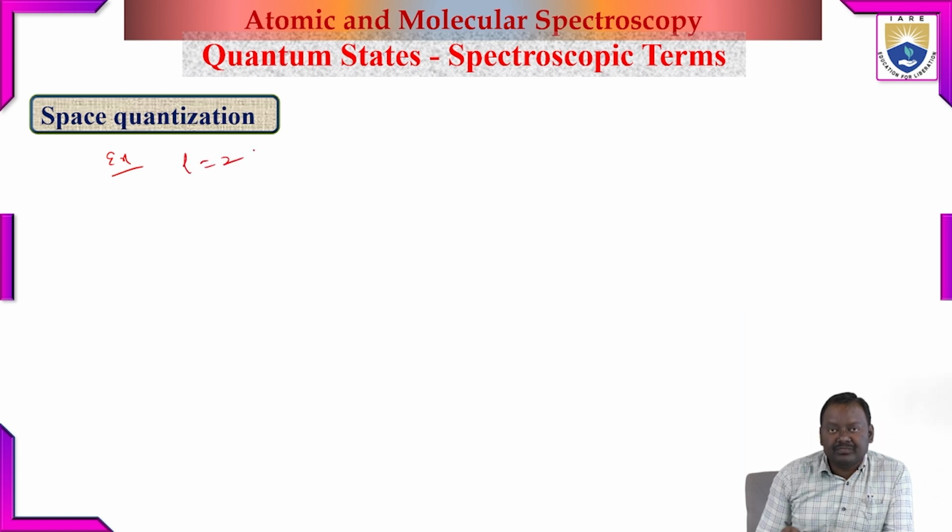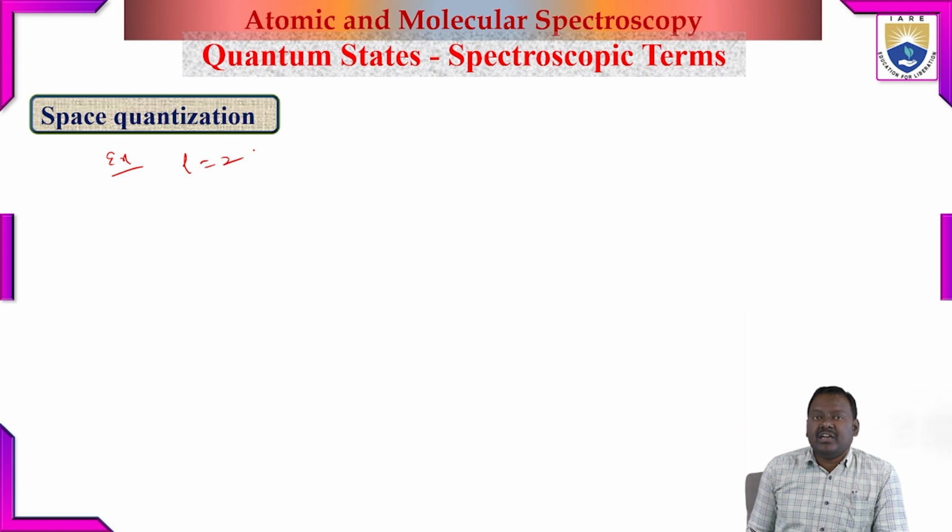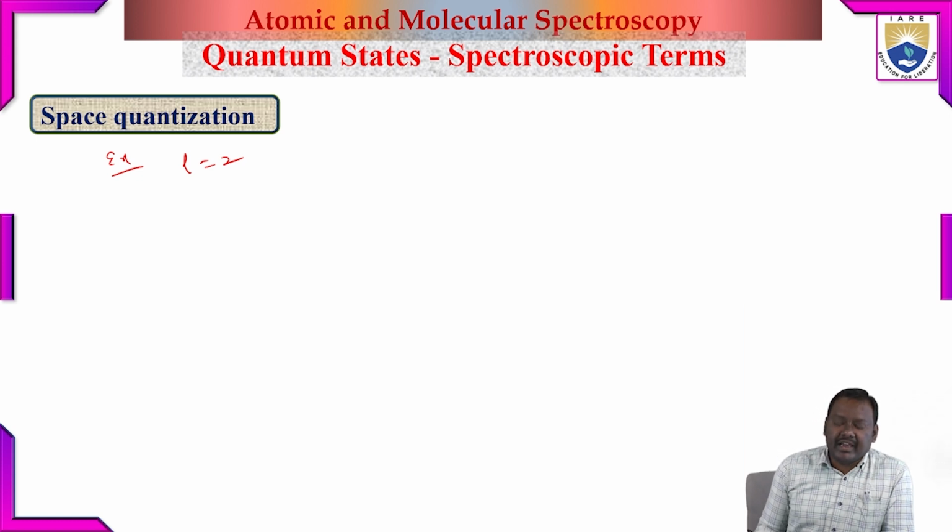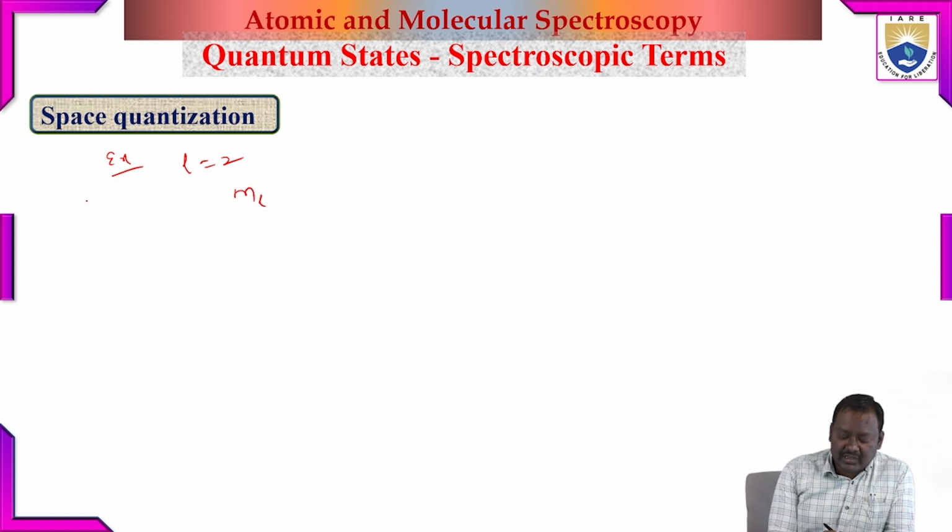Let us see, L equal to 2. If L equal to 2 for a particular electron, it can have ml values.